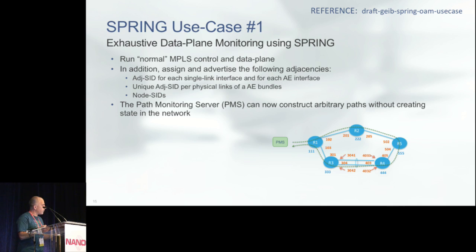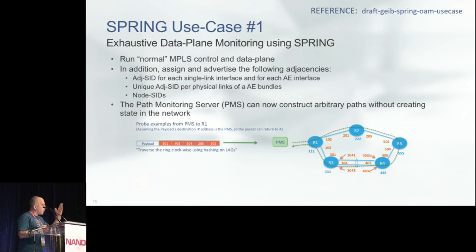Segment routing lends itself really well to that sort of thing. There are some enhancements toward that. At the bottom I have this aggregated Ethernet bundle. I could assign segments to the bundle itself, but I could also assign segments to the constituent links or the child links in that bundle and exercise those links predictably, which is a cool idea too.